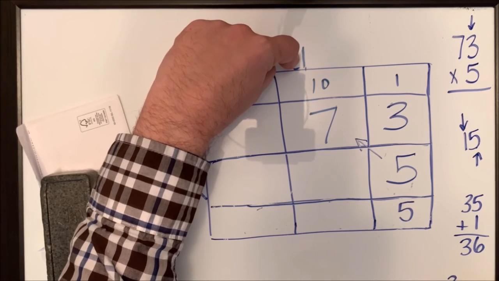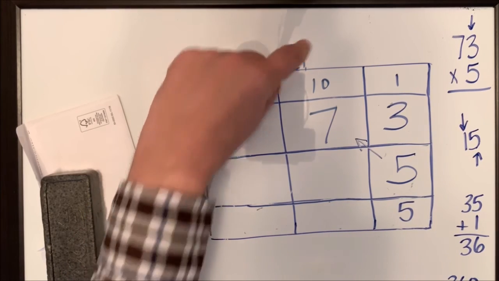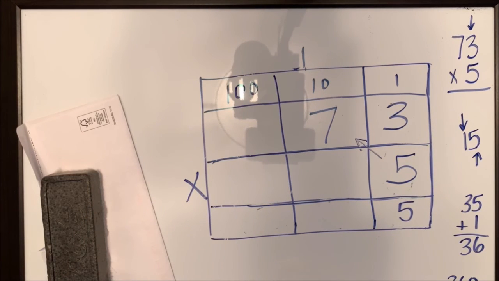Right, so that actually is 360, because I have 36 groups of 10. You look in the tens column, I have 6 tens, or 60, and I'm going to put the hundreds in the hundreds column. So the answer is 365.